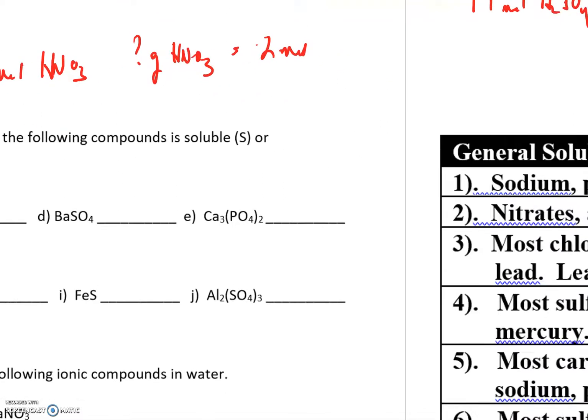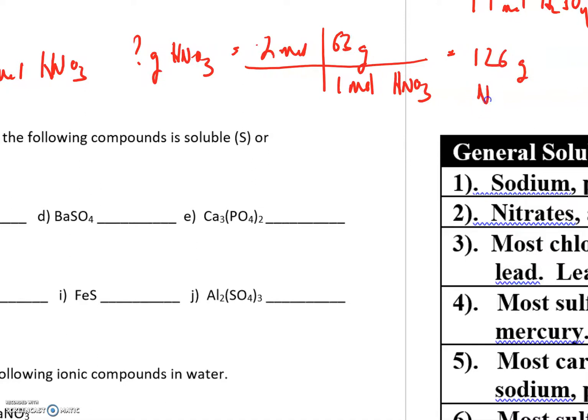Pretty straightforward, because we know that 1 mole of HNO3 is 63 grams. You've got 3 oxygens, they're each 16. You got a nitrogen, that's 14. We're up to 48 plus 14 is 62, plus 1 hydrogen is 63 grams. So look at me, not even using the calculator. 2 times 63 is 126 grams HNO3.